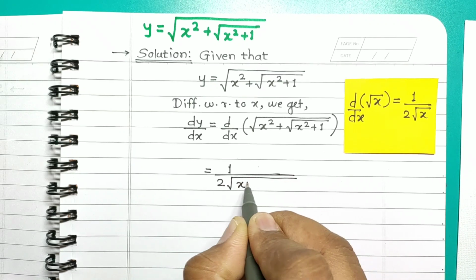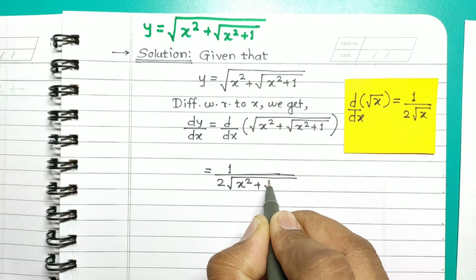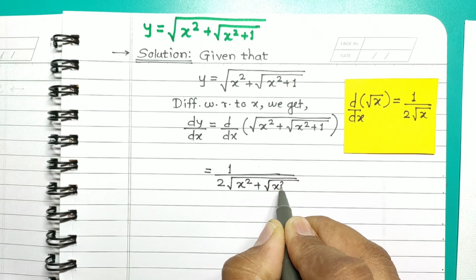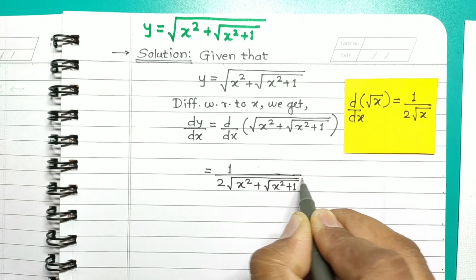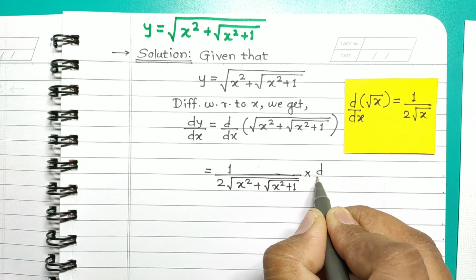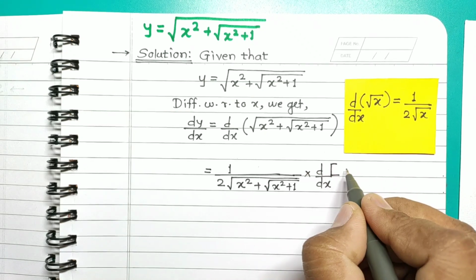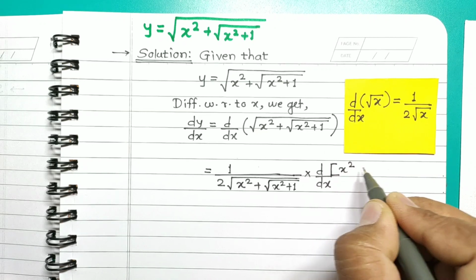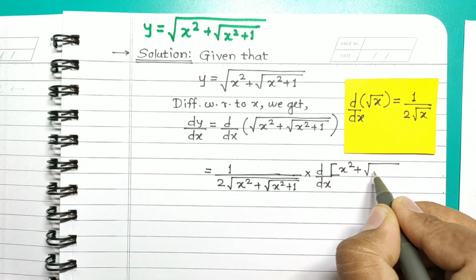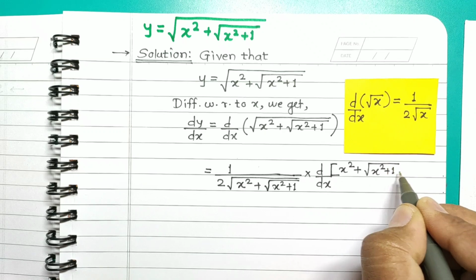That something function is x square plus root of x square plus 1. Then by chain rule, we multiply this term by derivative of that something function which is x square plus root of x square plus 1.